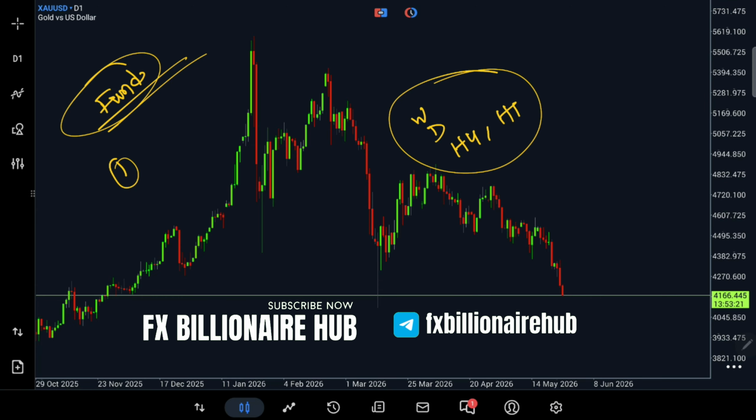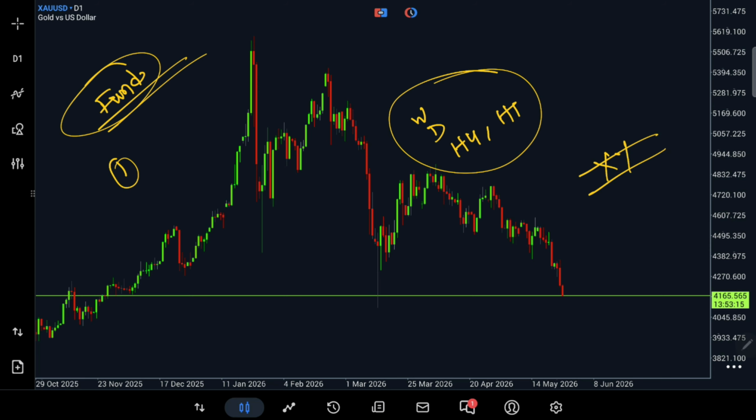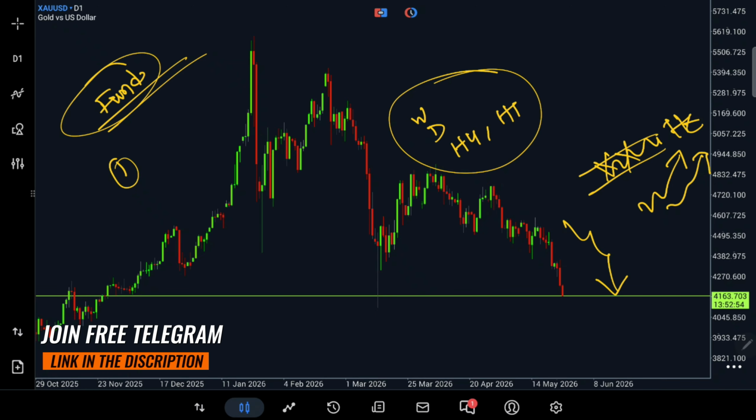Okay, so it already completed. That's why, due to the war, there is a blockage on Hormuz Strait right now. So more blockage or more chaos on Hormuz Strait means USD will go stronger, and if USD goes stronger, gold will fall more. This is the key theory. You have to remember that thing.